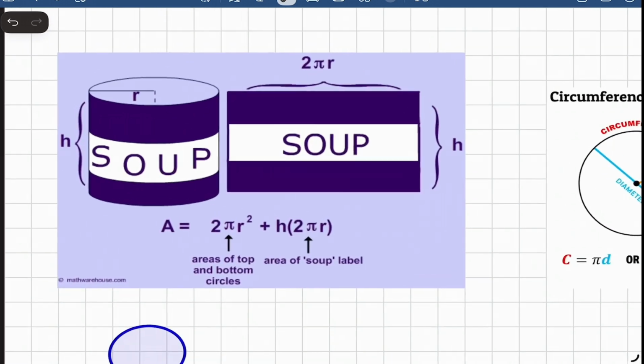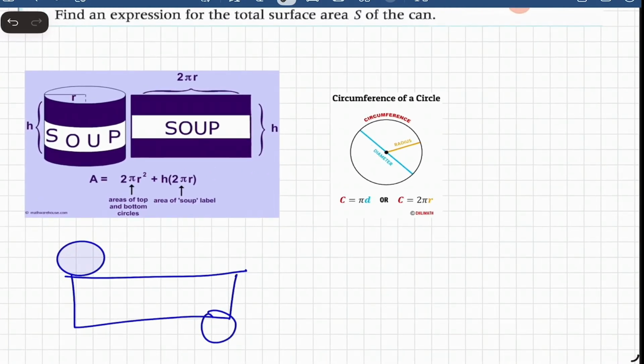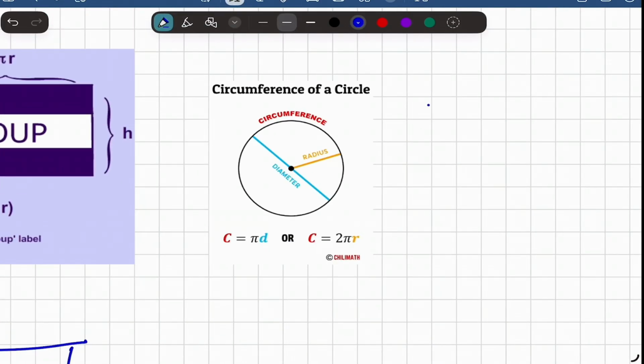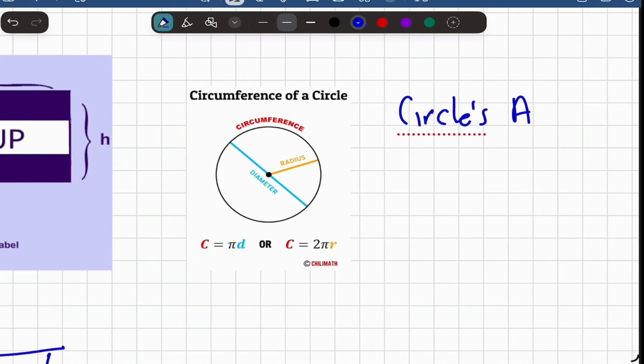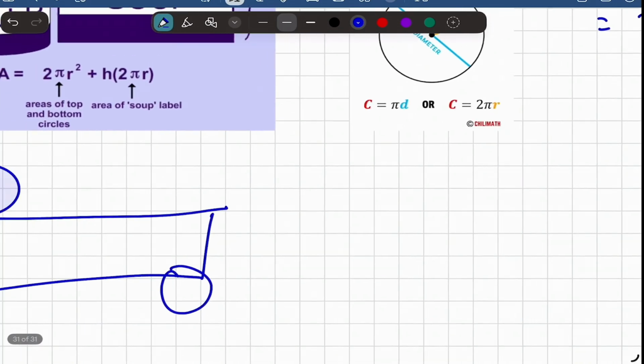So here we have the surface area is given by this, but how can we know? Just as a reminder, the circle's area is given by pi radius squared, as always. So pay attention.